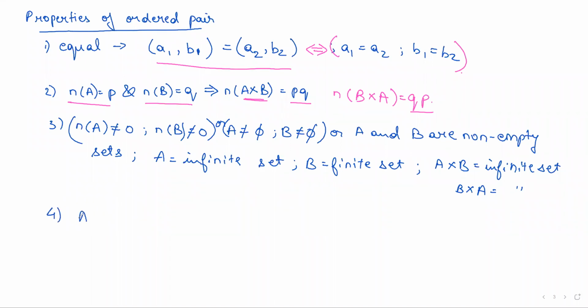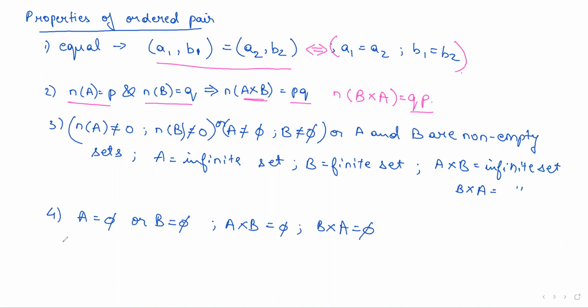If A is equal to the empty set, or B is equal to the empty set, or both are empty, then A cross B will be equal to the empty set and B cross A will also be equal to the empty set.